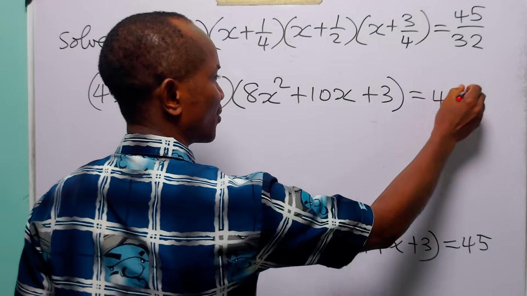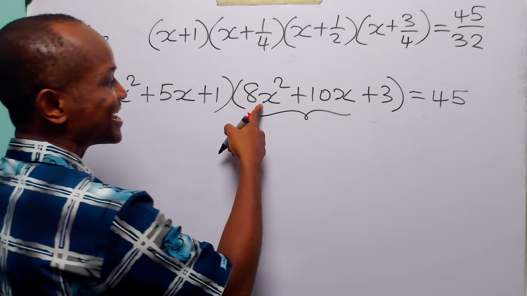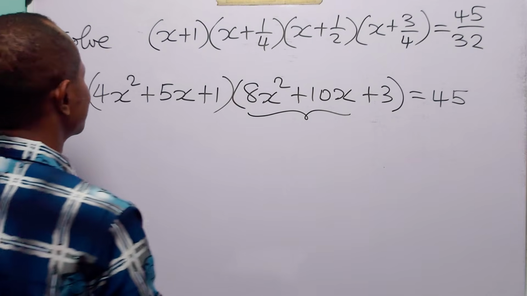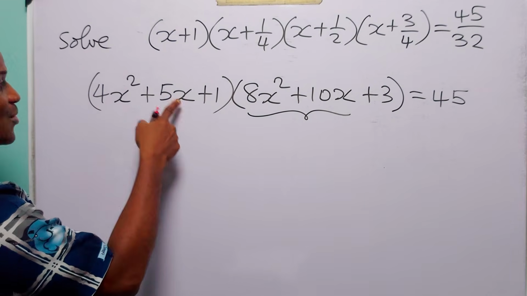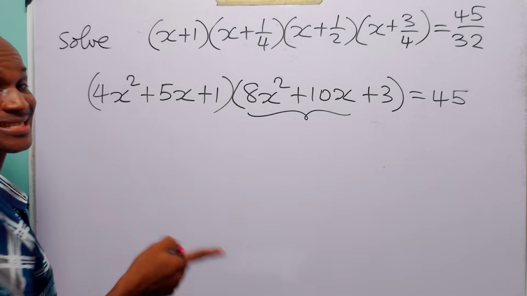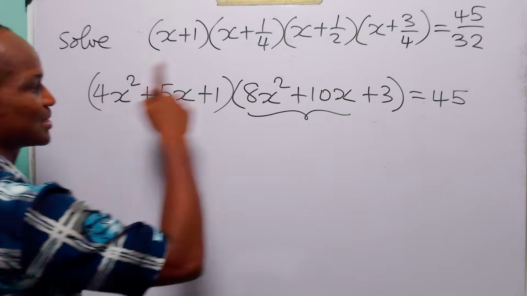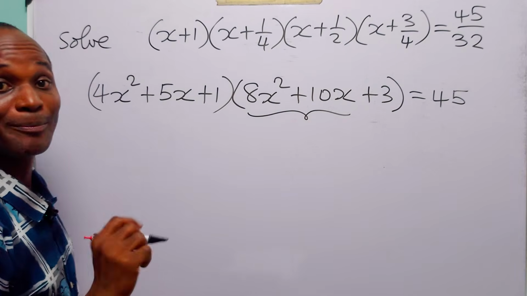This is equal to 45. Now, notice that here we have 8x squared plus 10x, while here we have 4x squared plus 5x. Now, 4x squared plus 5x is half of 8x squared plus 10x. So let us multiply both sides of this equation by 2.